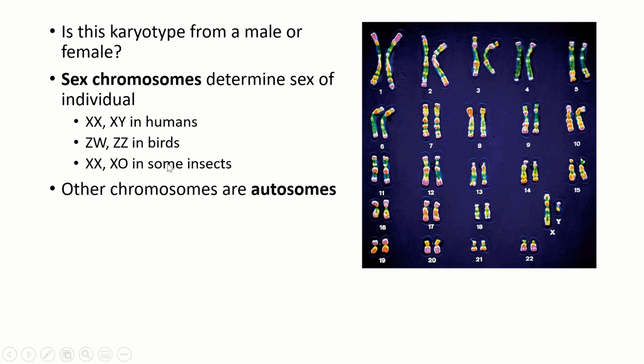In birds, the female actually has two different chromosomes. We call them Z and W. The male is ZZ, the female is ZW. In some insects, the female is XX and the male is X and then what we call O, which means there's no second chromosome. So rather than there being a chromosome that confers maleness, which is what the Y is in mammals, in some insects, just not having a second one confers maleness.